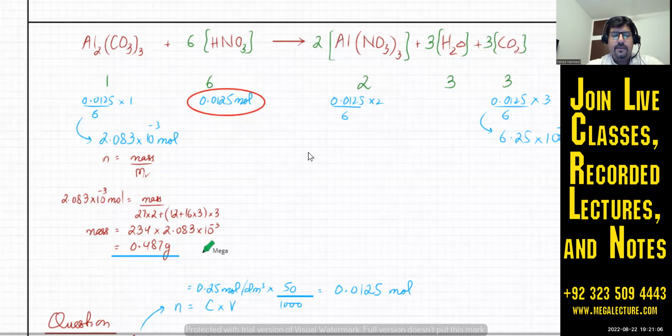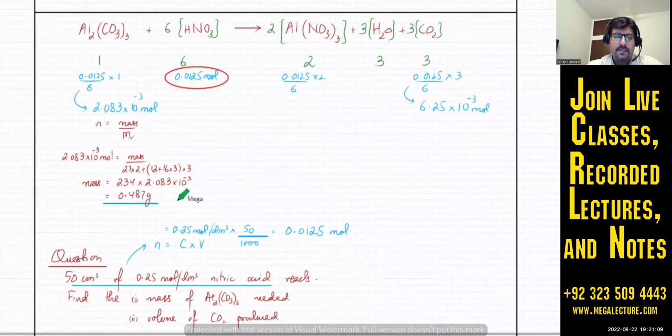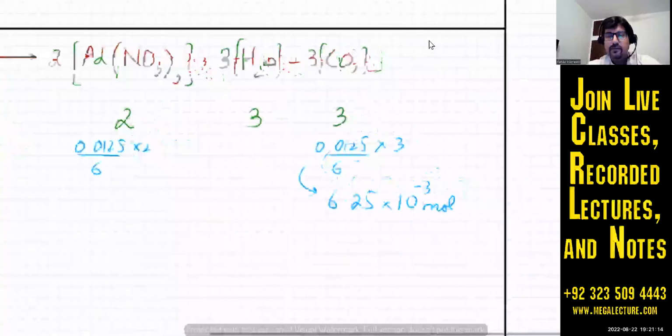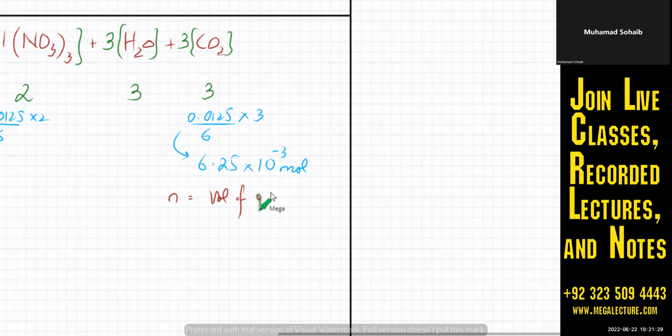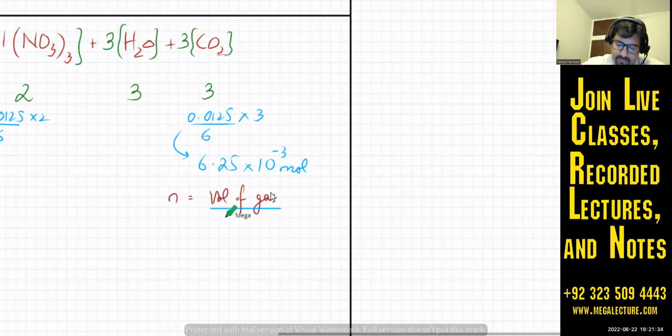And similarly, what else did the question ask? It's asking for the volume of CO2 produced. So you focus on CO2, and you have the moles of CO2 now, right? The volume of gas, what was the formula that we did? I told you that for gases, moles is volume of gas divided by 24 dm cube. So this formula applies, and you already have the moles. It's 6.25 times 10 power minus 3.